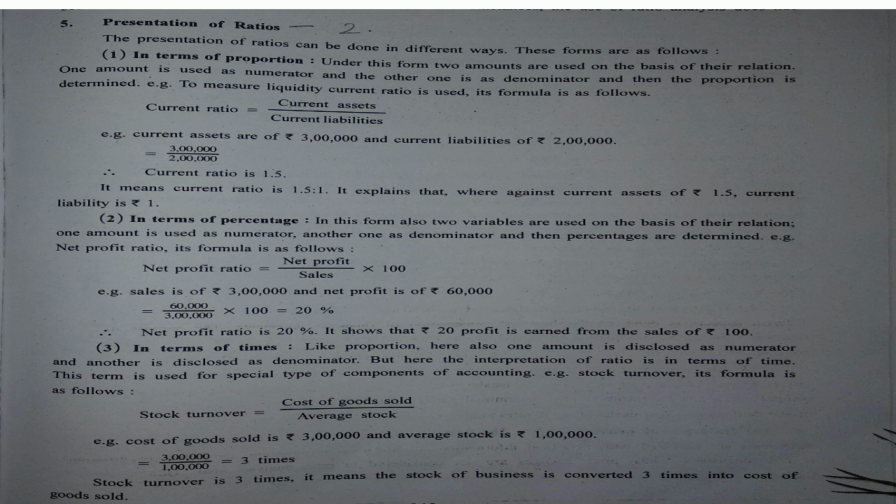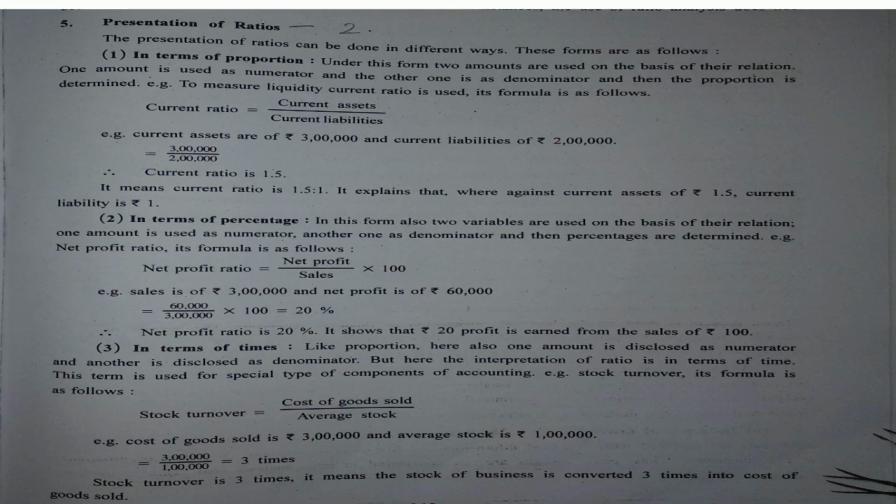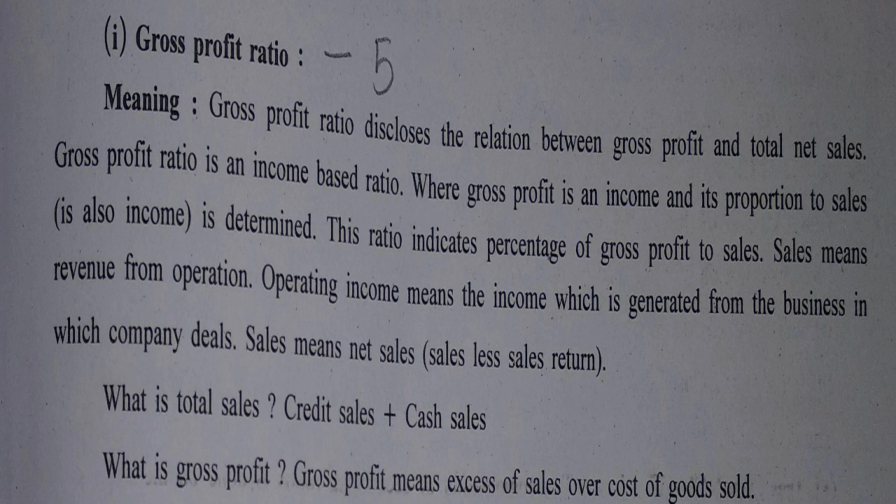Just the way your definition says, it presents the relation between two accounting figures. So which are the two accounting figures in gross profit? The relation between gross profit and sales. Yes? So this makes the meaning of the definition clear here. That ratios express the relationship between the accounting figures.